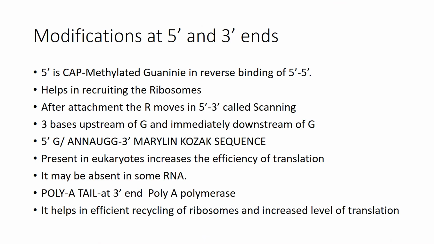A brief overview of what we have just seen in the figures. First thing which you have to understand is there are modifications in the messenger RNA at the 5' end and 3' end. There is a cap present at the 5' end due to reverse binding. The function of the cap is it helps in bringing or recruiting the ribosome close to it.